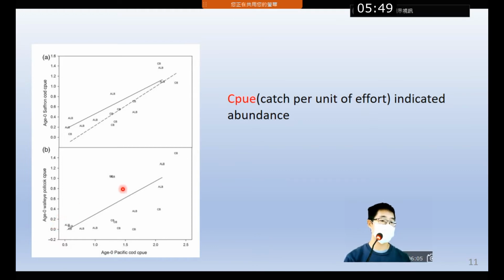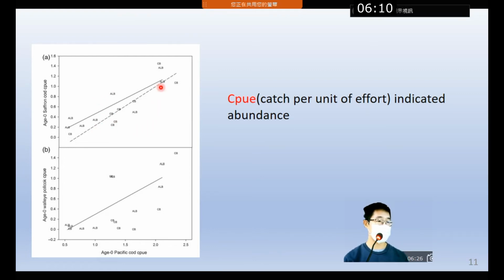What CPUE means is the catch per unit of effort. This indicates the species abundance, and this is the linear regression. The solid line is the ALB, and the dashed line is CB.